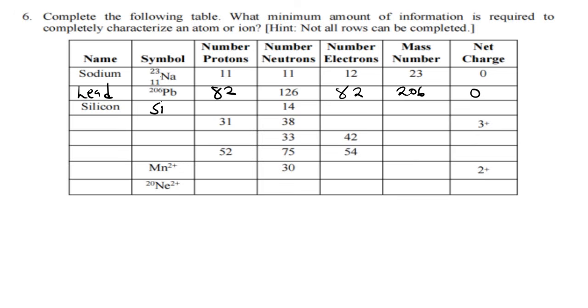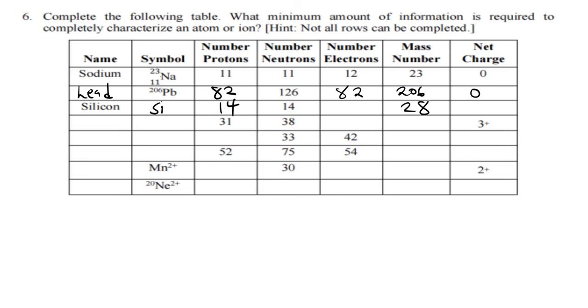It depends on the isotope you're talking about, because the 14 neutrons are for silicon 28. So if it's silicon 28, we're going to have 28 as the mass number. Then the number of protons from that, 28 minus 14, we're going to have 14.